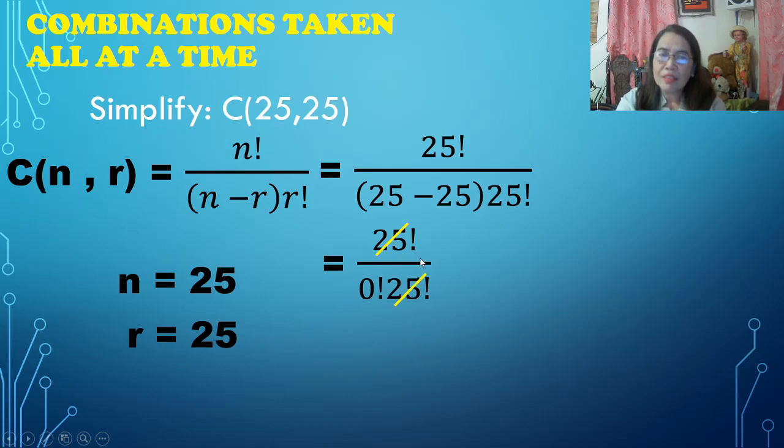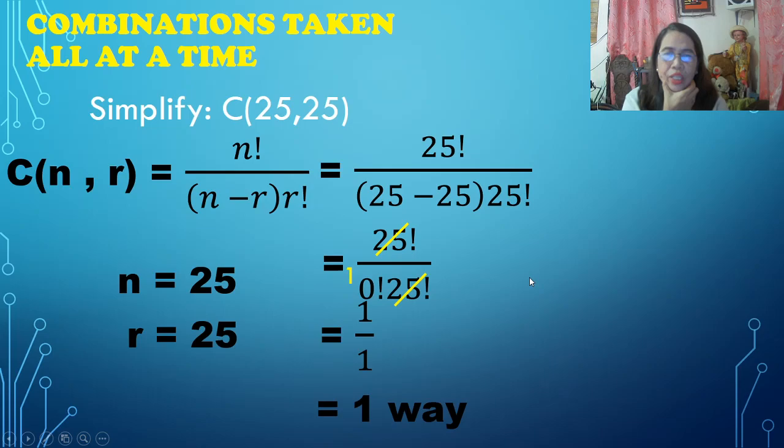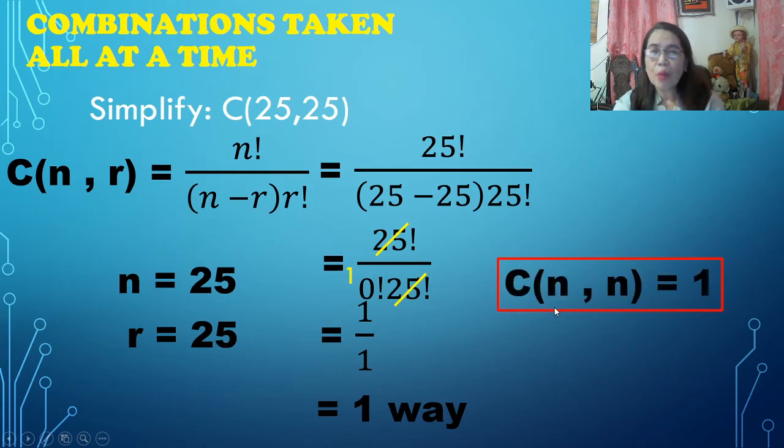Diba? So, 25 by 25 is 1. And then, we know that the value of 0 factorial is equal to 1. So, anong natira? 1 divided by 1 is equal to 1. So, there is one way. So, in short, ang combination when taken all at a time is expressed in the formula C of n comma n is equal to 1.